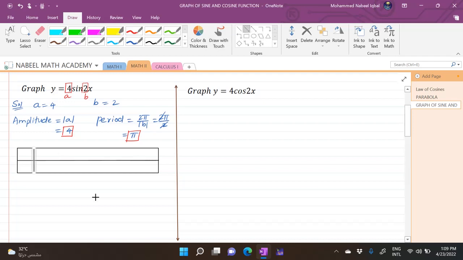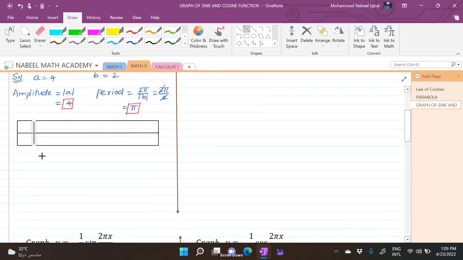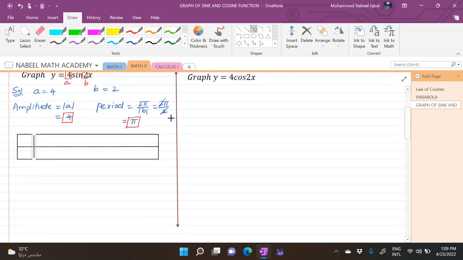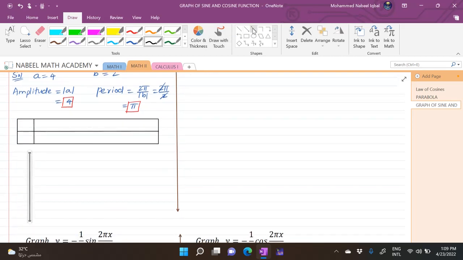We will have a technique here. Suppose you have the y-axis and this is my x-axis. This is y, this is x.